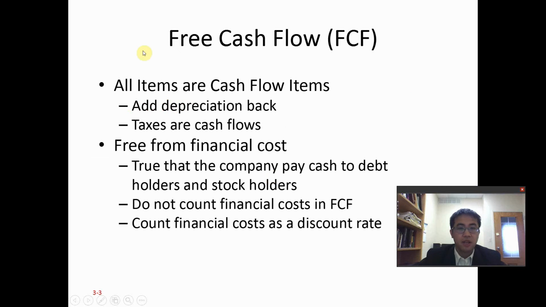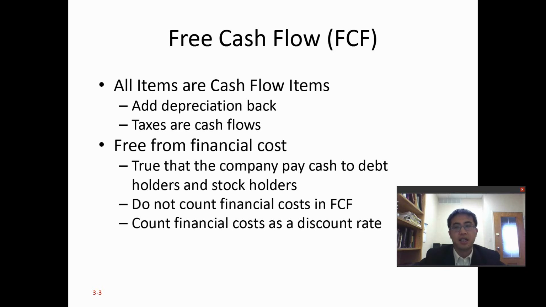To solve the issue, we need to add depreciation back to the net income to retain the cash flow feature. And also taxes are cash flows. Previously in chapter 3, the statement of cash flows, we learned that net income has to be combined with depreciation.